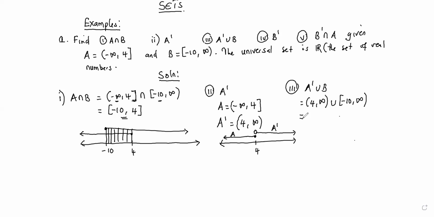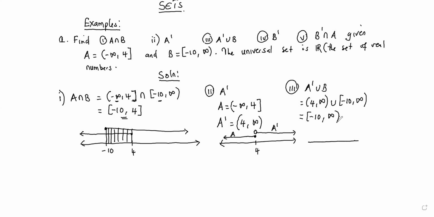So now see, the union. Between 4 and negative 10, you get the lower number, the smaller one, negative 10. And between the two infinities on the right, you pick one of them, but you're supposed to pick the bigger number again. So we pick that one.